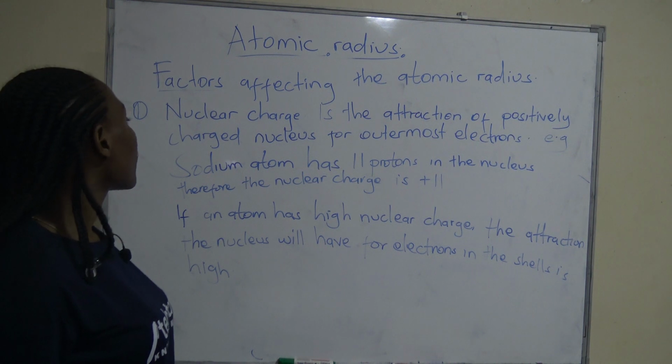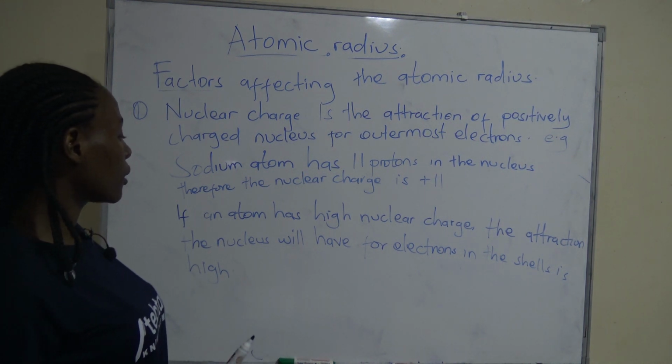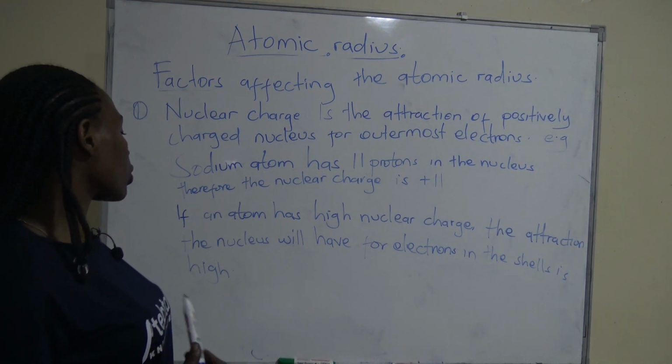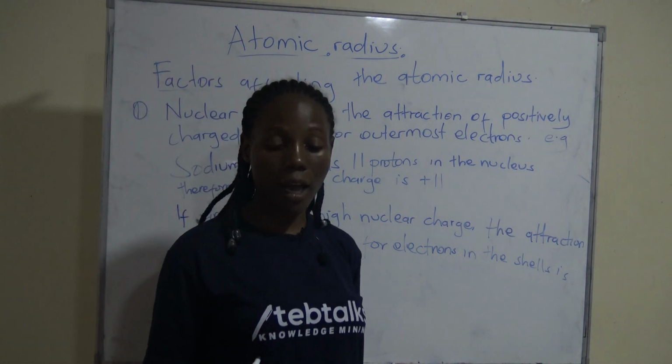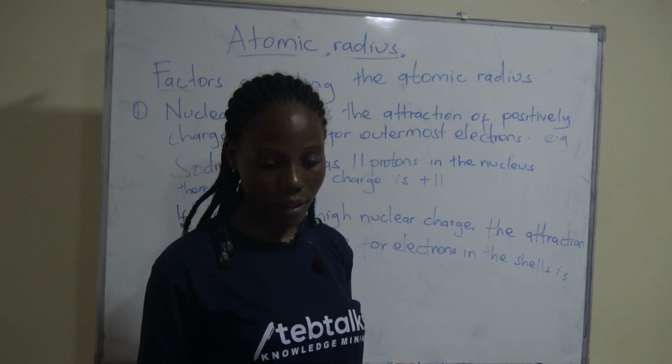In short, the higher the nuclear charge, the more the attraction for the outer electrons, then the smaller the atomic radius.